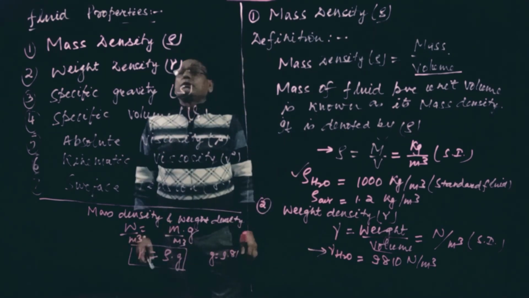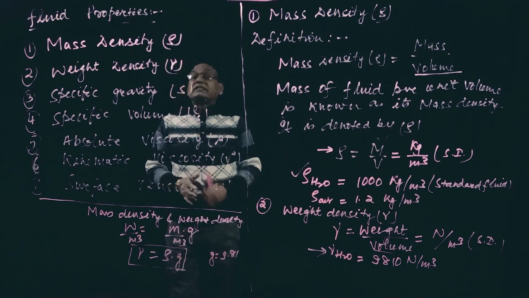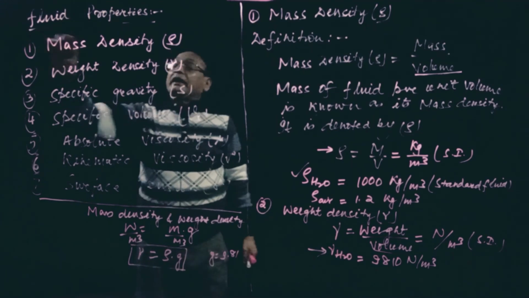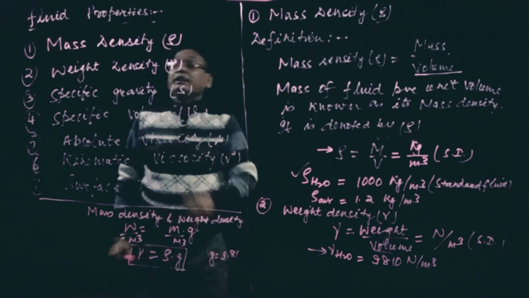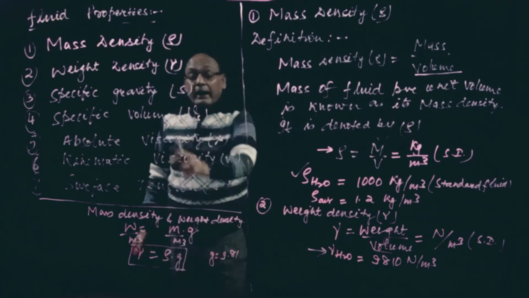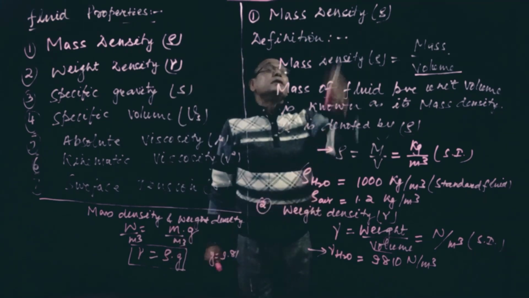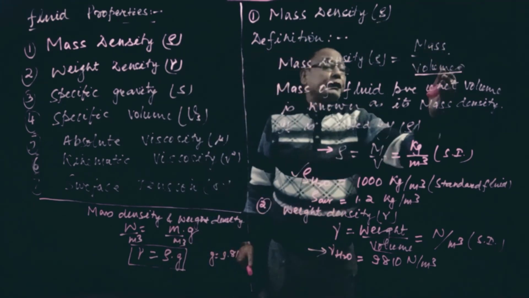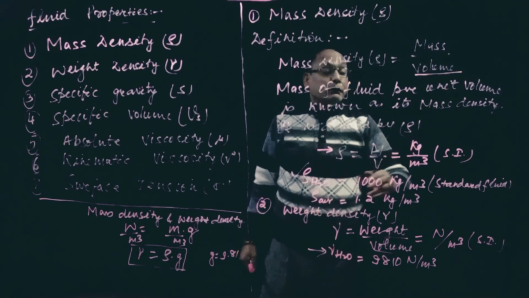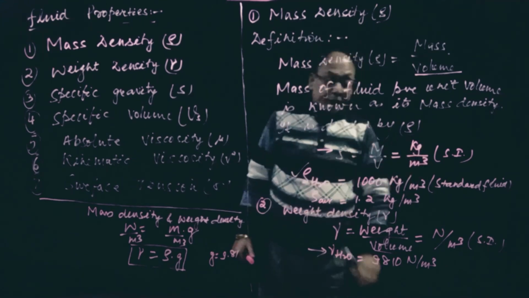Let us conclude what we have studied in this session. We have discussed different types of fluid properties: in fluid mechanics, we have to study mass density, weight density, specific gravity, specific volume, absolute viscosity, kinematic viscosity, and surface tension. Mass density is mass per unit volume, denoted by rho, and the unit is kg per meter cube.